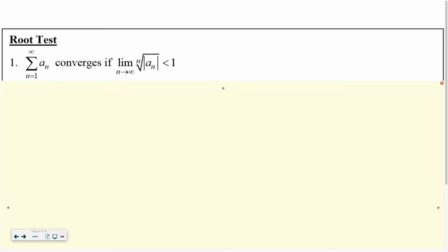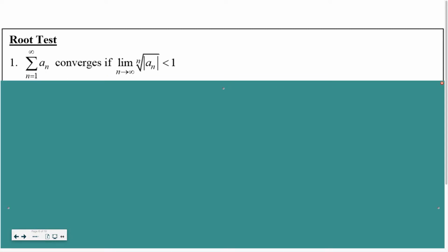Root test, very similar as far as how it's set up. Does it have the same condition as the ratio test where none of the terms can be 0?